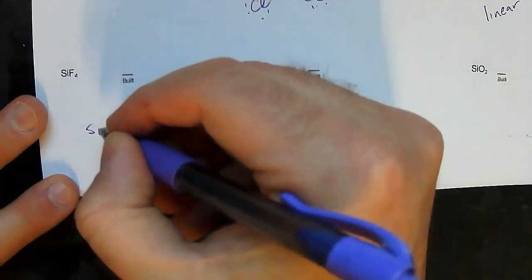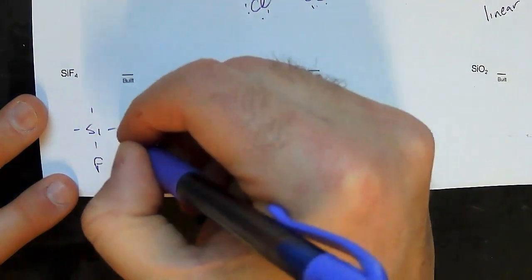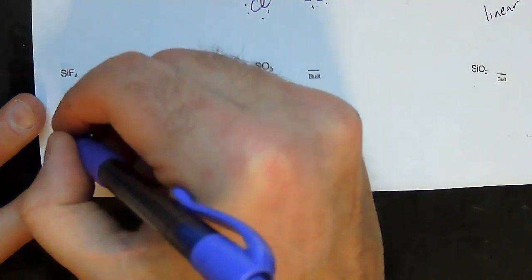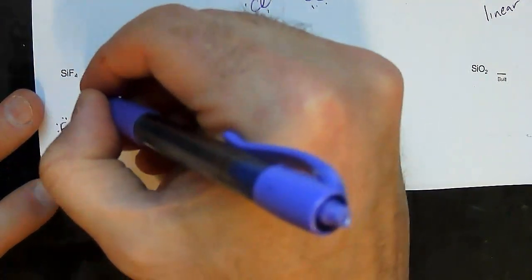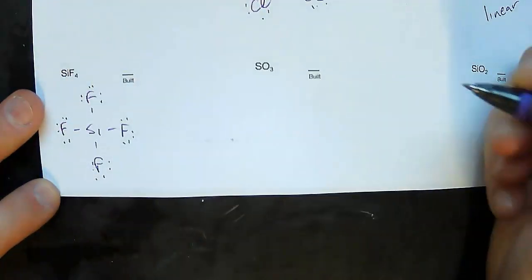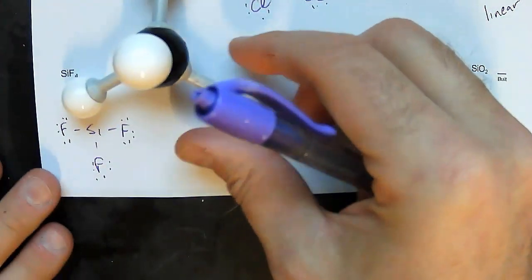SiF4, so we'll put Si in the middle, F's around the outside. Then we'll complete the octet with electrons. So I built this, and this one looks like this right here.